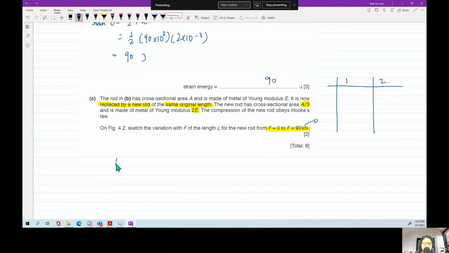And also, Young modulus is F over A, E times L. What is constant? L is constant. Let me check mark. L is constant. I'm still taking 90 kilonewton, so F is constant. The Young modulus is double, so it's not constant. Area is not constant.